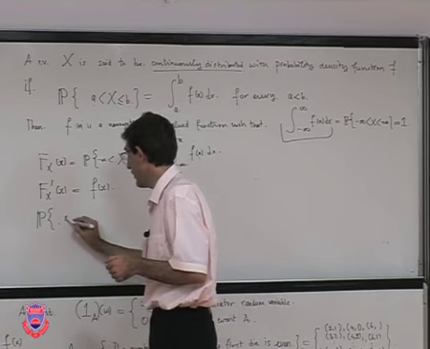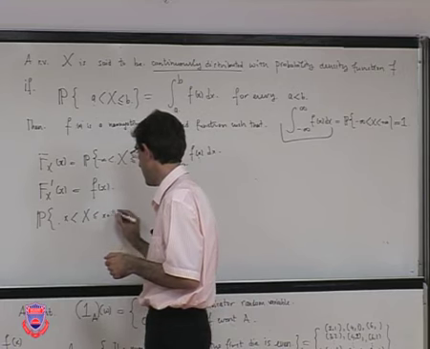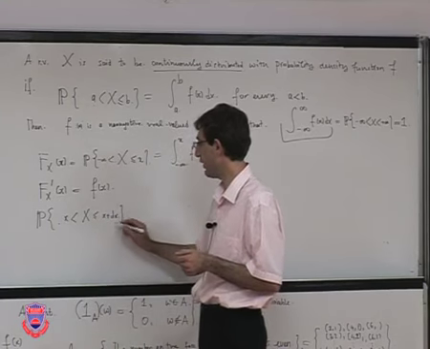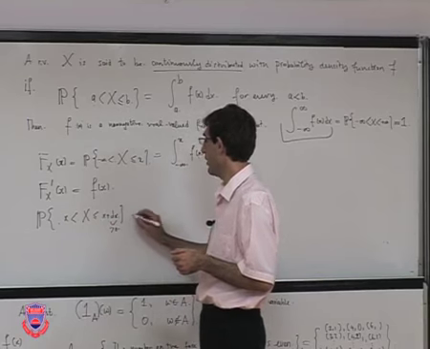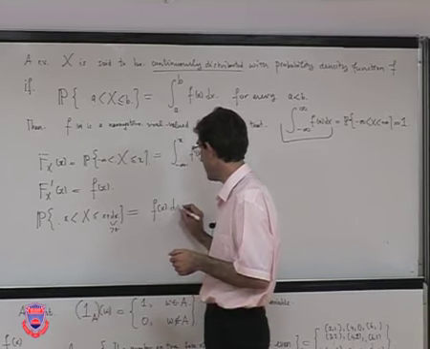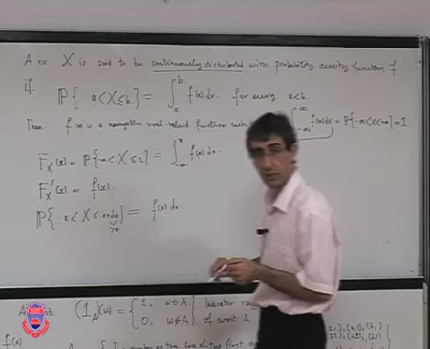Okay. You can check that the probability that X is between x and x plus a small positive increment can be approximated by f(x) times the value of this function at x times this increment.